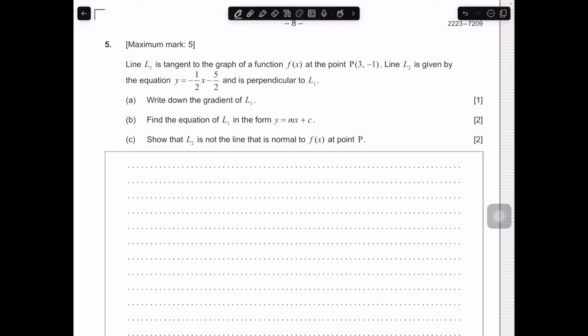Okay, so let's see. We know that L2 is y is equal to -1/2 x minus 5/2, and it's perpendicular to L1.